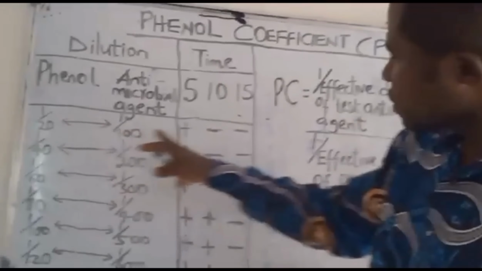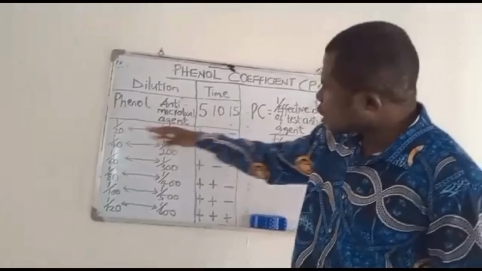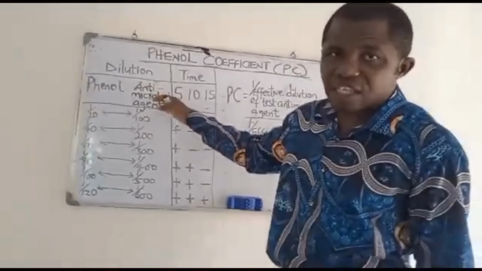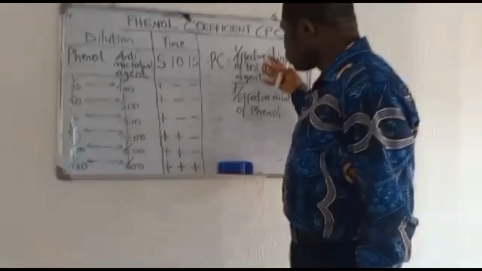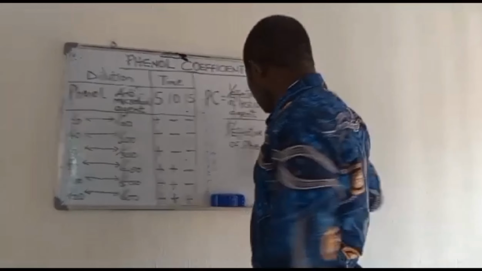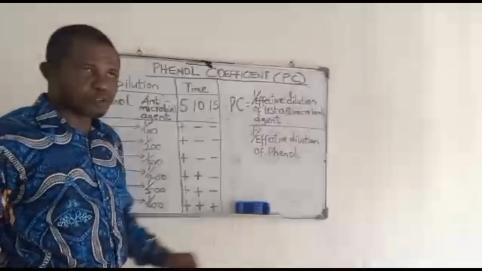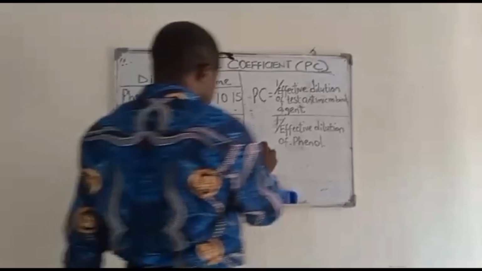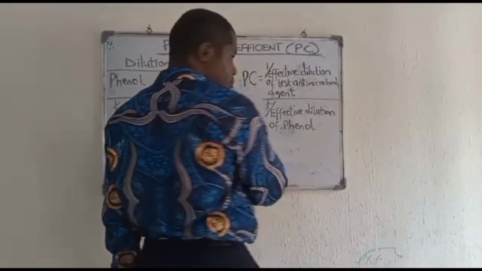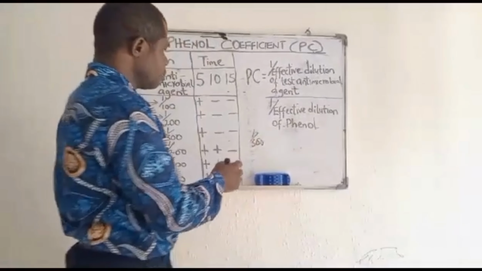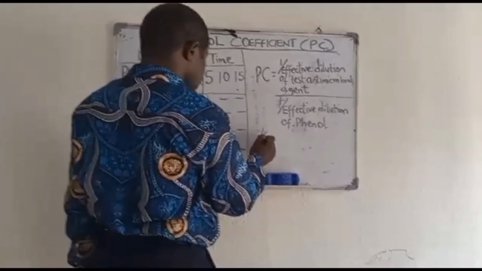It is these highest effective dilutions of both phenol and the test antimicrobial that will be used in this formula to compute the phenol coefficient. For the test antimicrobial we have 1 over 300, while for phenol it is 1 over 60, sorry.